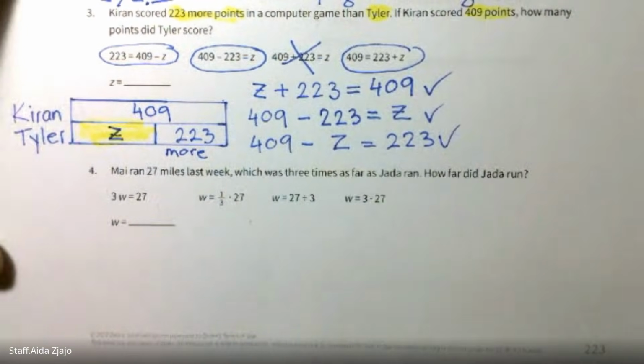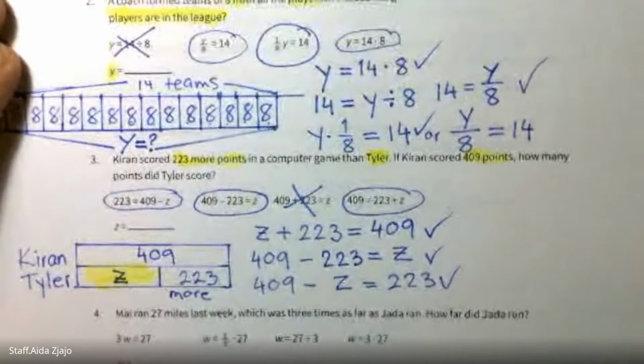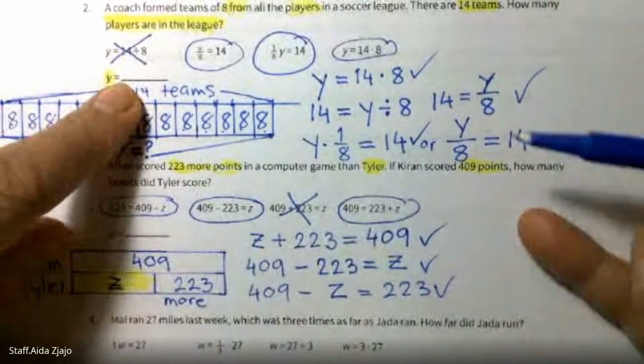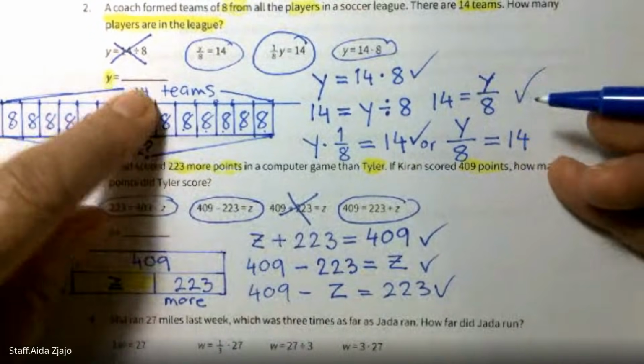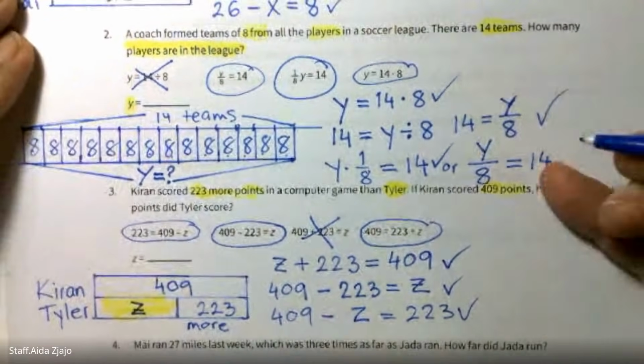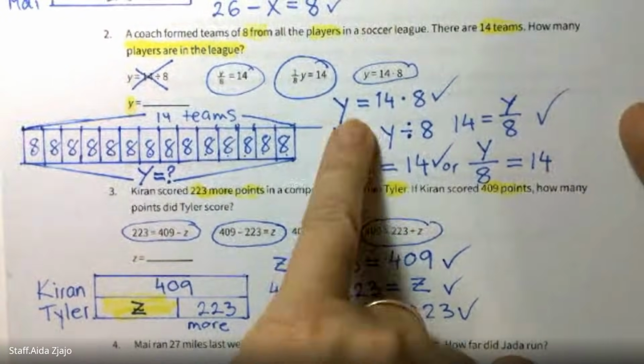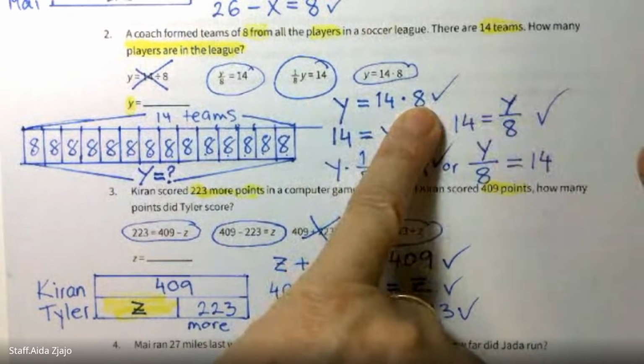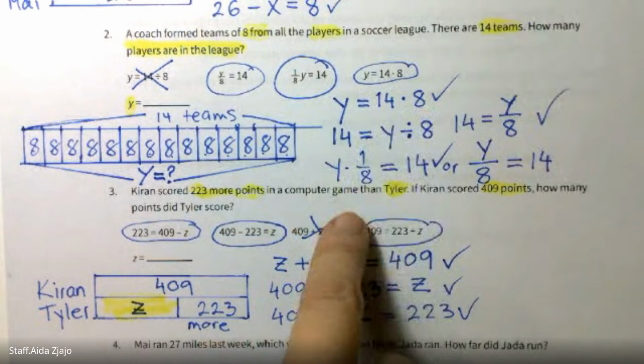I forgot to find what Y is in the previous problems, so I'm going to go back to that one. Now I know that Y equals 14 times 8. That's our equation.